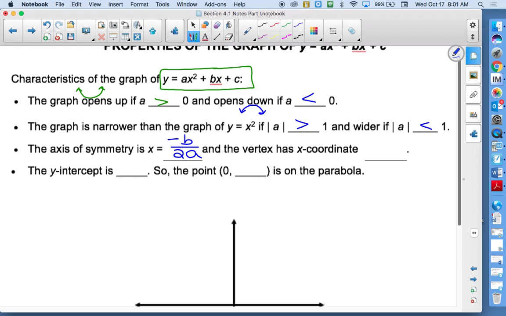So the formula for the axis of symmetry is -b divided by 2a. When we use that formula, that gets us the middle of the graph. So this is a little formula to help us find the center line that goes down the middle of the graph. And the vertex also has an x-coordinate of -b divided by 2a, because the vertex and the line of symmetry kind of connect with each other. They're at the same x value.